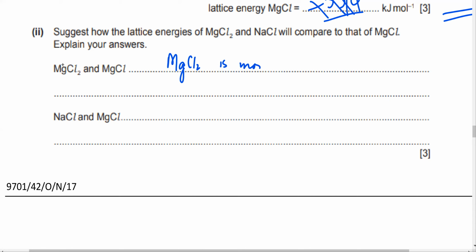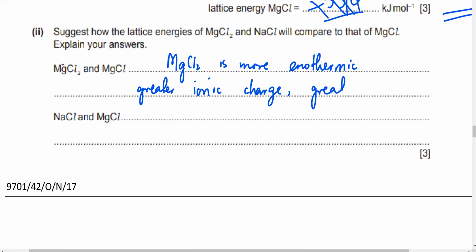It has a stronger lattice. So this one is more exothermic, and it has a stronger lattice. And the reason for that is it's got a greater ionic charge because it's 2 plus. So there's more attraction, which is why it's going to have greater charge density as well.